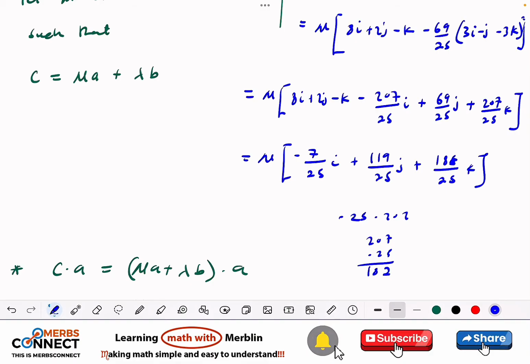Okay, so instead of 5, I think this one should be 2. Is that right? Yes, that is right. So when I add 25 to this, and I get that, that one should be 128.